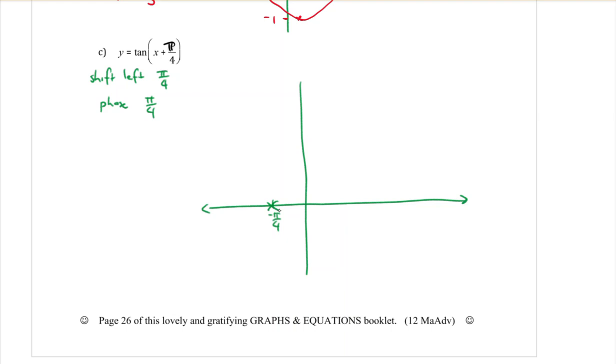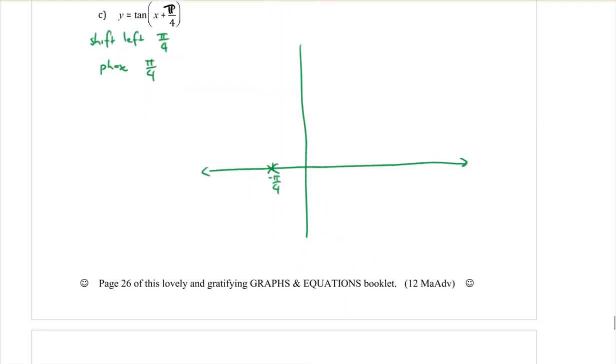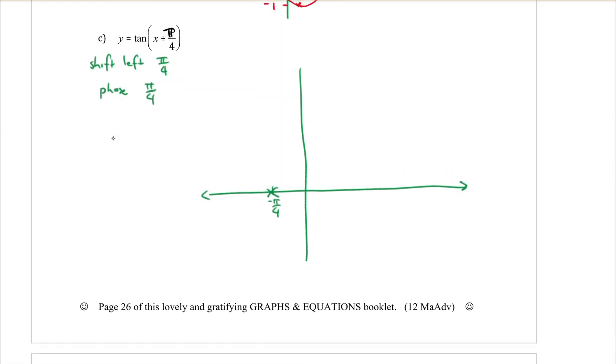What was your first one? Minus 5 pi over 4. Isn't it 3 pi over 4? Minus 3 pi over 4? So it's normally between pi over 2, let me just do a check. Minus pi over 2, and I want to subtract a pi over 4.